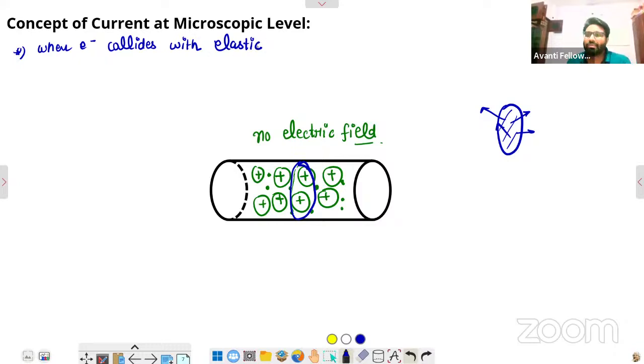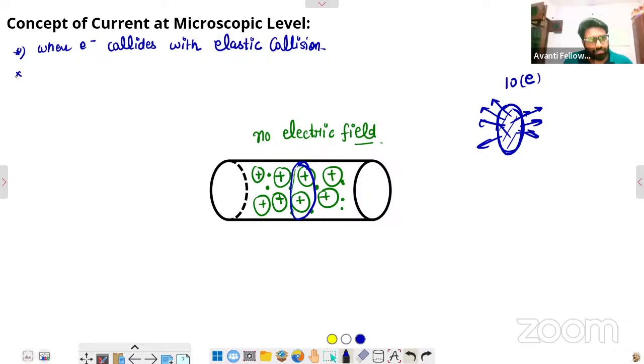So there are elastic collisions happening with the positive and negative charges. Now, when there is no electric field, the electrons flow randomly. Suppose we consider a particular cross section. If 10 electrons are crossing, 5 electrons cross in this manner and 5 electrons cross in this manner.